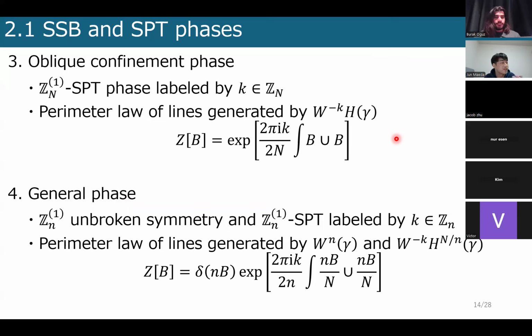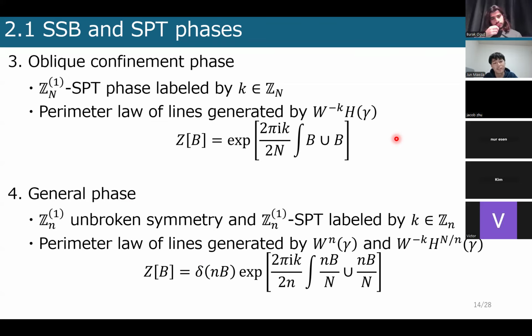The SET phase case is a little bit complicated. If you consider 2D as a spacetime, then there is no SET phase because there is no topological order. But if you consider higher dimensions, like 3D or 4D, then there is topological order, and we can consider SET phases.